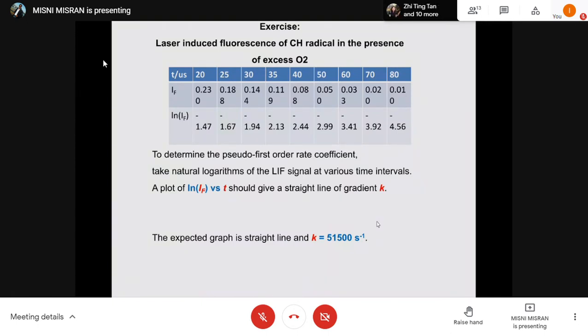So for the second one in your notes, I'm not sure you have tried it out or not. This one, as I mentioned, is with regard to the rate order of reaction, to determine the first order rate of reaction. Okay.